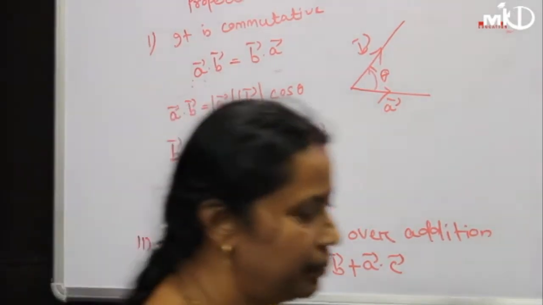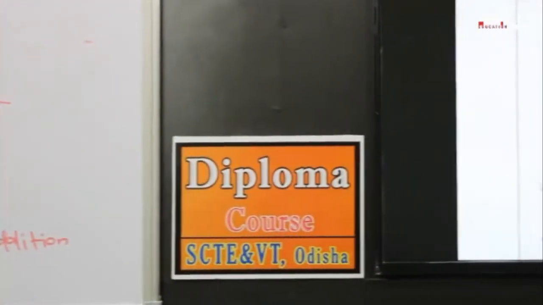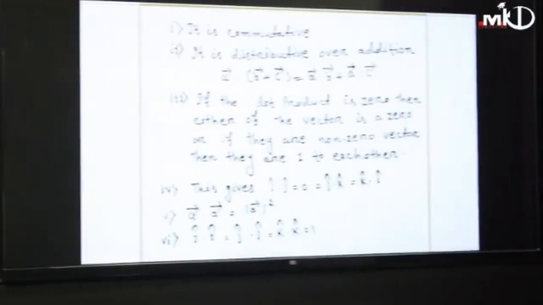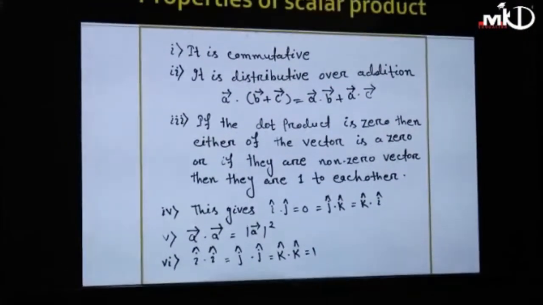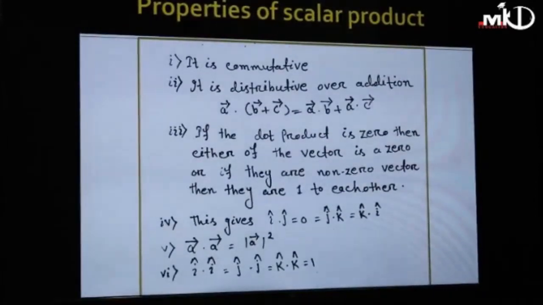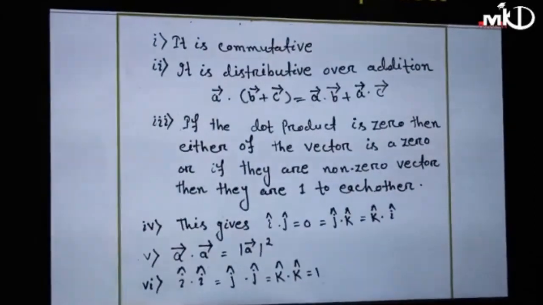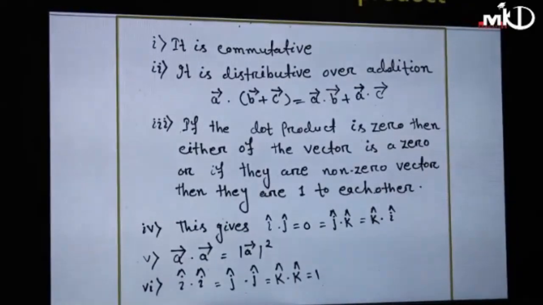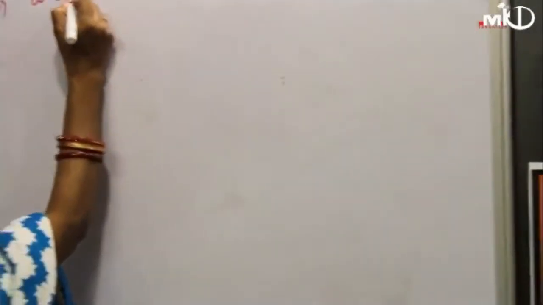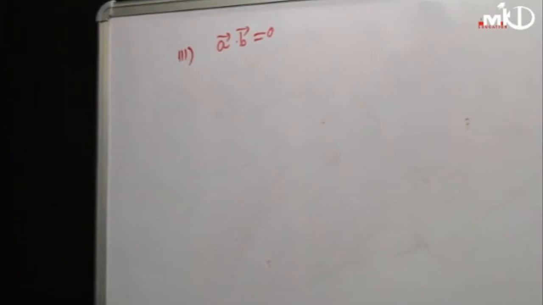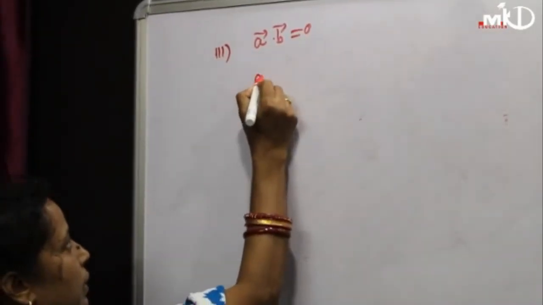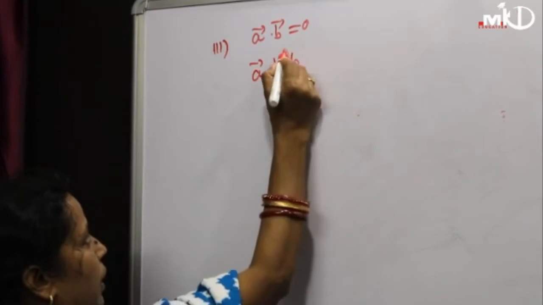And the third property is very important because its applications are vast. If the dot product of two vectors is equal to 0, that is a bar dot b bar is equal to 0, then a bar is perpendicular to b bar.